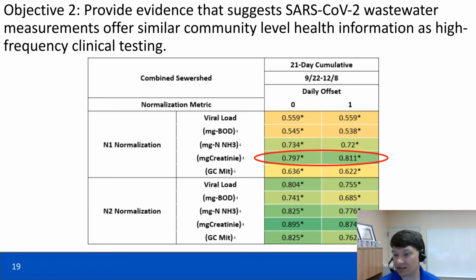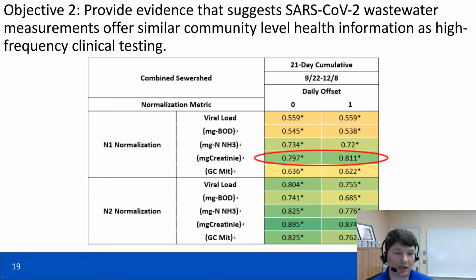Now, the thing that scientists always love to say is correlation is not causation. And so just because these are correlated doesn't necessarily mean that the more individuals that have COVID-19 in a sewer shed, it's causing an increased SARS-CoV-2 concentration in your wastewater.